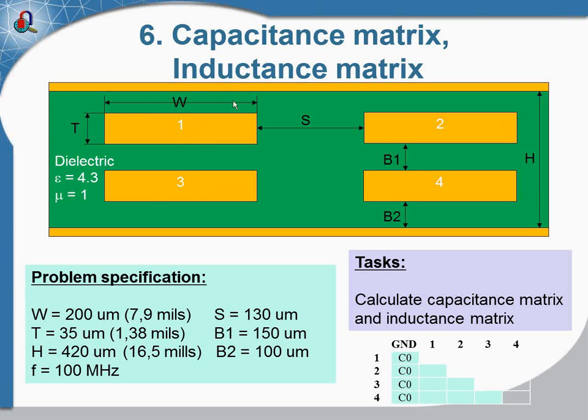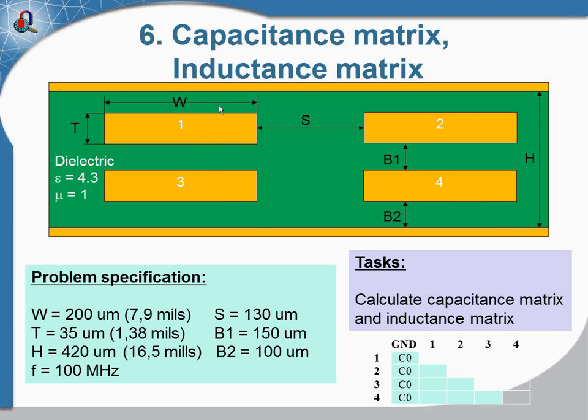To calculate the mutual capacitance, the differential capacitance between, say, the first and the third conductor, you should assign some positive voltage here and the same but negative voltage here. Again, these conductors are connected to zero, to the grounded plate.